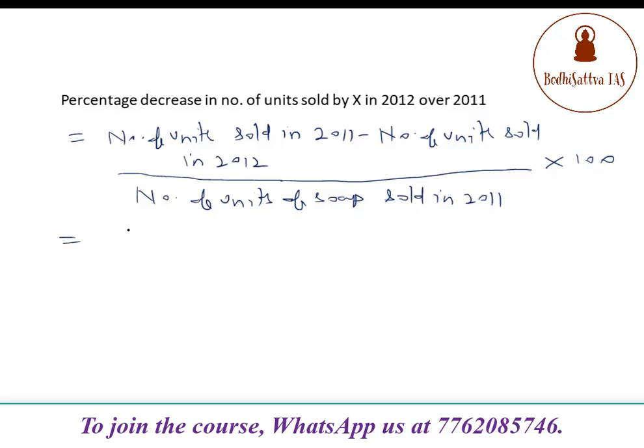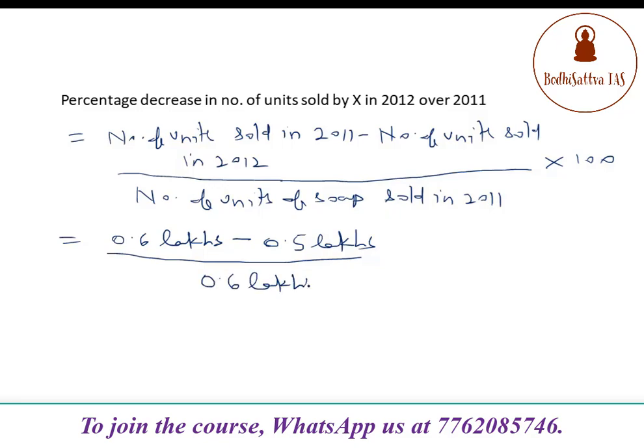So the number of units sold in 2011 was 0.6 lakhs, minus the number of units sold in 2012, that is 0.5 lakhs, divided by the number of units of soap sold in 2011, that is 0.6 lakhs, times 100.